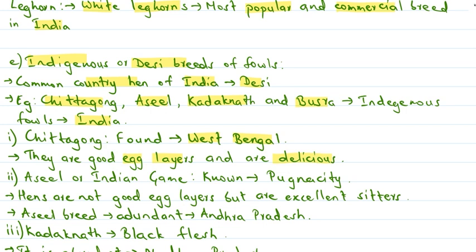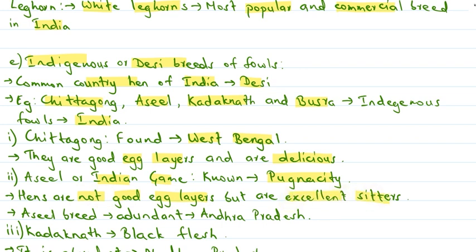Okay. Then we talked about Asil or Indian game. So it is very popularly known for its pugnacity. So hence here the hens are not good egg layers, but they are excellent sitters.